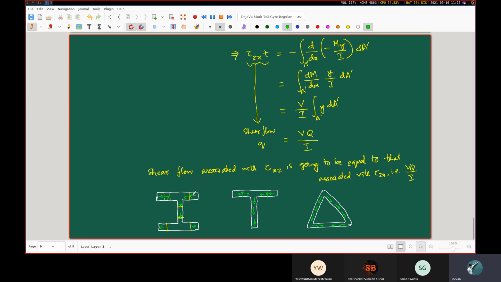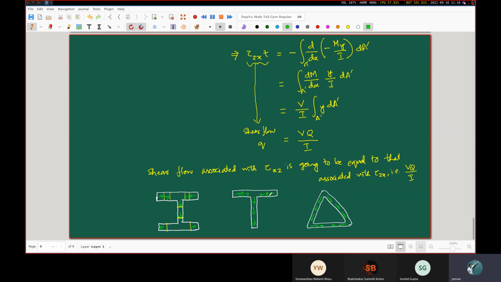In this portion also, you can have a tau xy like this, because that is what we have already studied in the beginning of this chapter. So why not present here also? It is very much possible that they are present here. But for all practical purposes, the value of the tau xy will be much smaller than the value of the tau xz, which will be lying parallel to this flange direction.